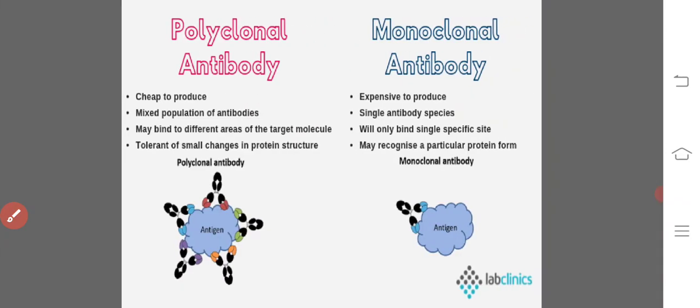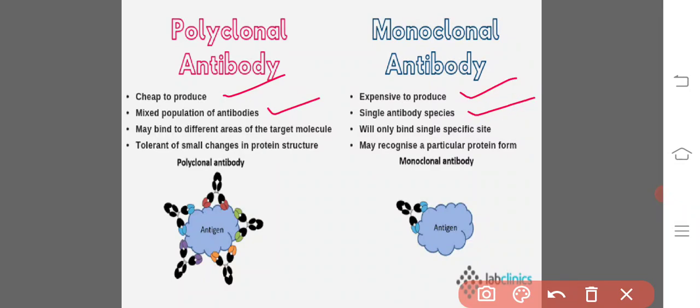Then coming to the difference between polyclonal and monoclonal antibodies. Polyclonal antibodies are cheap to produce, whereas monoclonal antibodies are expensive to produce. Polyclonal is a mixed population of antibodies, whereas monoclonal is a single antibody species.